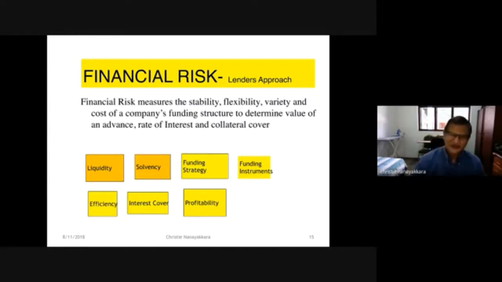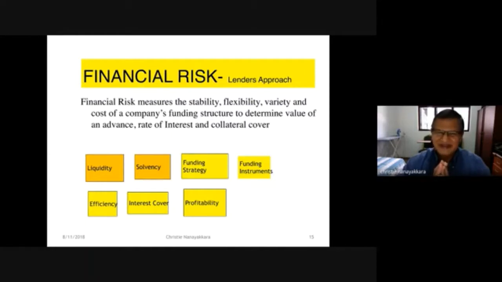So we are going to look at some financial risk factors through ratio analysis. Sometimes you may have done this. I'm going a little fast on this because I can see your credit management syllabus has financial ratio analysis as a separate module.